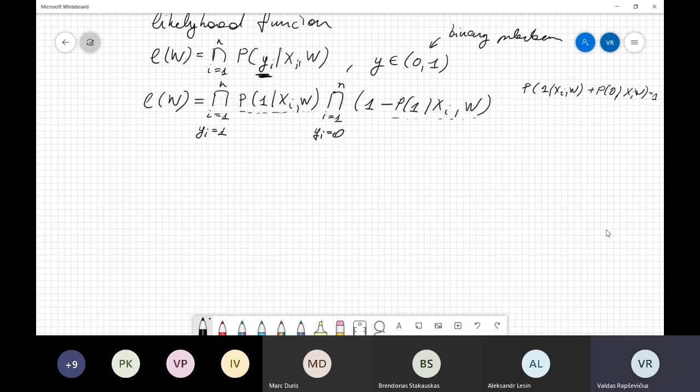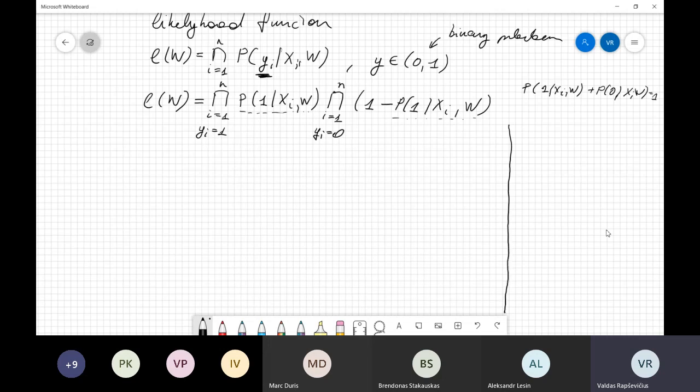Now we will play around and try to derive this and find the gradient. In order to derive this product equation, we have to do a trick.